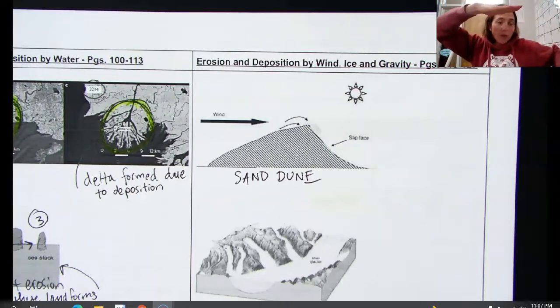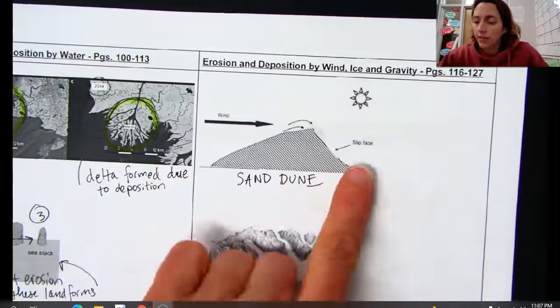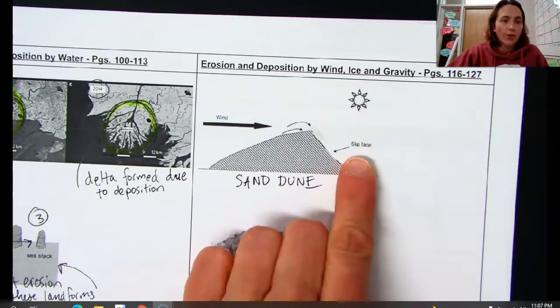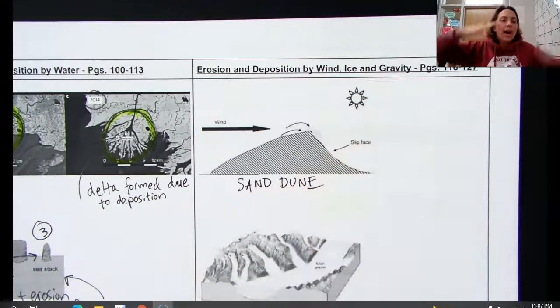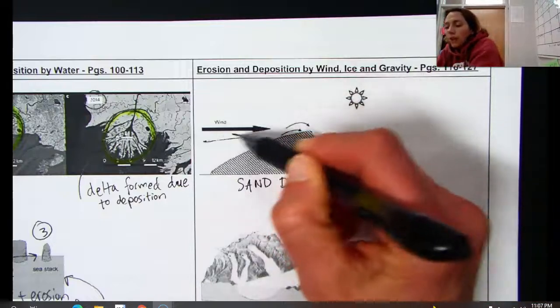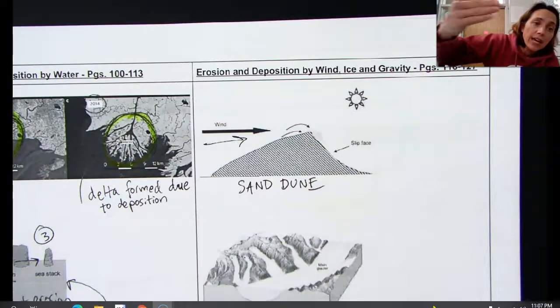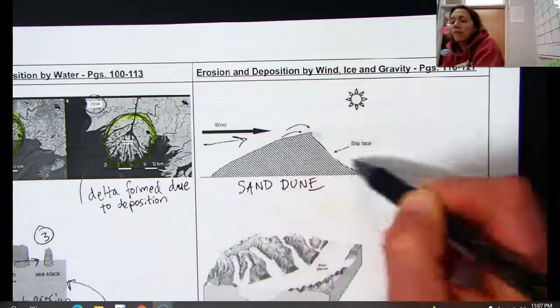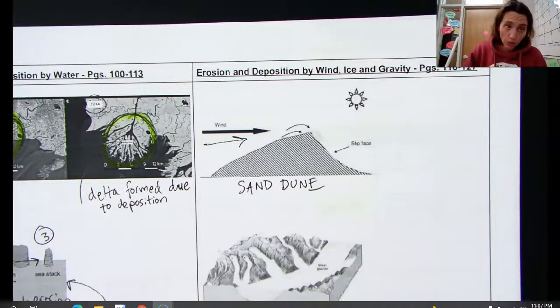The steeper part of the sand dune, called the slip face, I will not quiz you on that, but if you want to know the technical term, is always the side opposite the wind that's coming from. So here we go. Wind is coming from the left and going to the right. How do we know? Because of the shape of the sand dune.